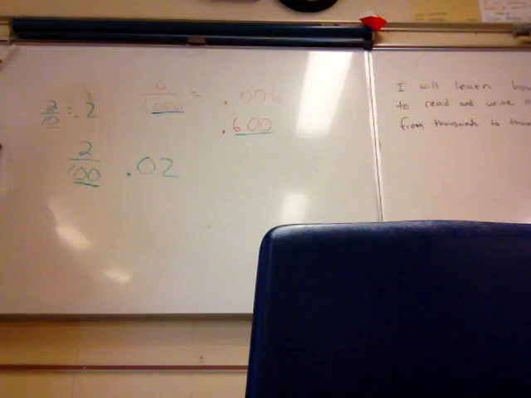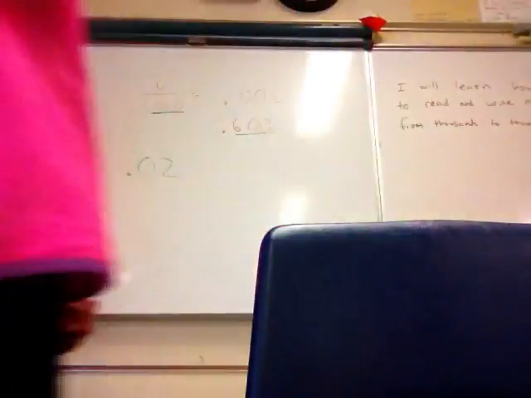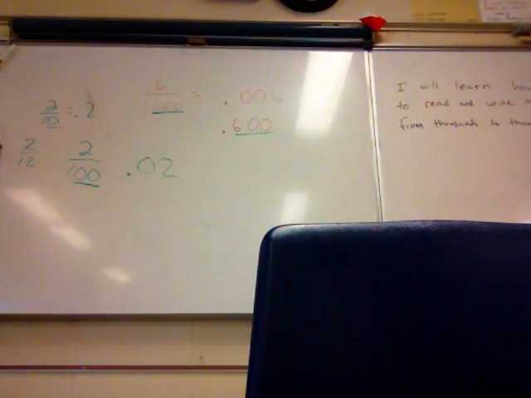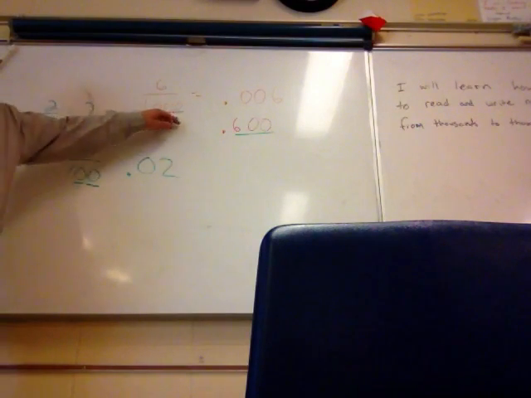What would happen if it was like 2 12ths, for the 2 over 12? Here's why I think decimals are so much nicer than fractions. We're not going to do this, because there is no such thing as the 12ths place. There's only tenths, hundredths, thousandths.